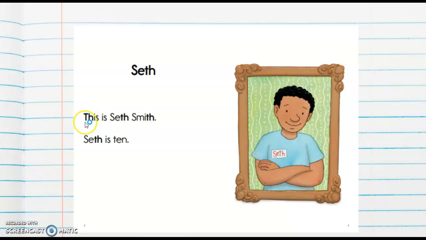Also, if you notice the sound z in the word this, like we discussed in the beginning. Seth is 10. Now, when we say Seth and also when we say Smith, we don't hear the buzzing bee sound when we use the sound S.